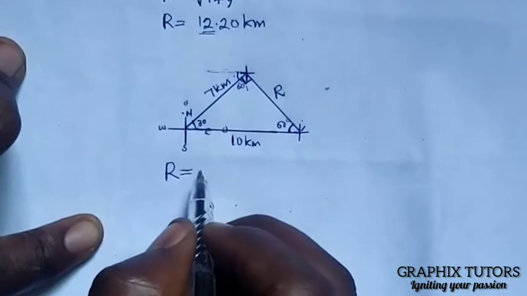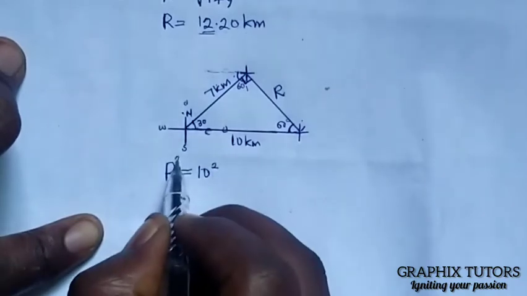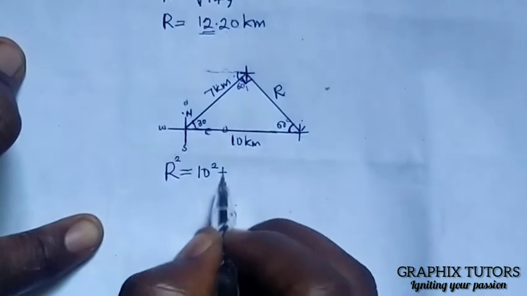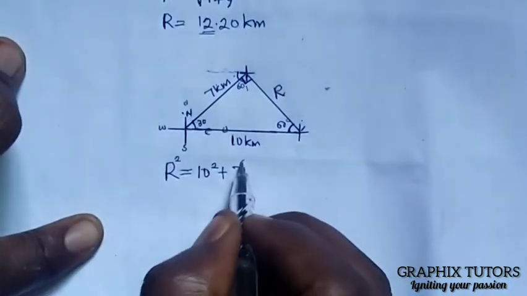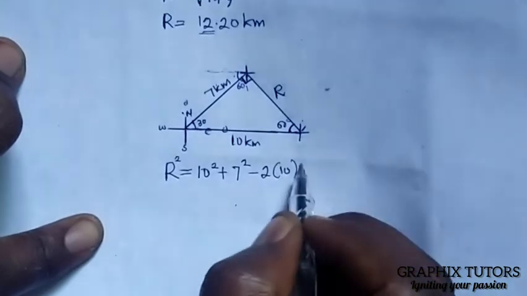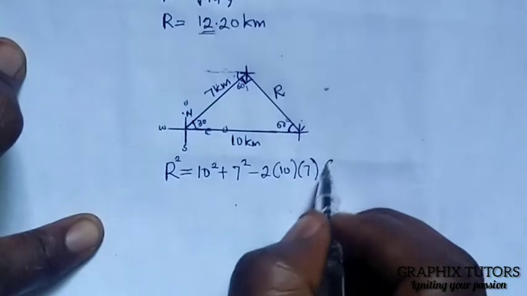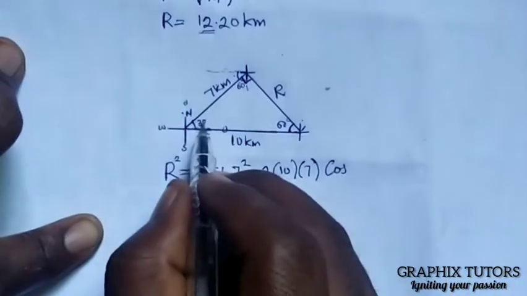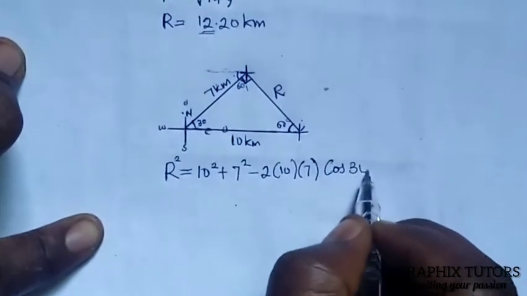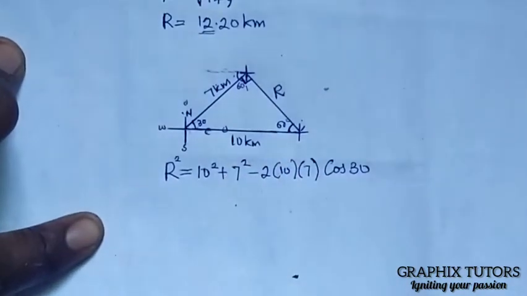The R square is equal to the 10 square plus the 7 square minus 2 into bracket 10 times 7, right? Cos the angle in between them, and that is 30, the angle facing the resultant distance there.